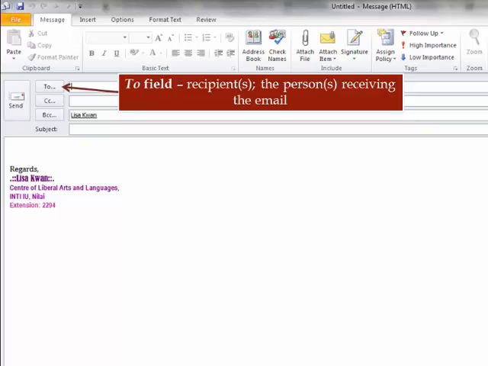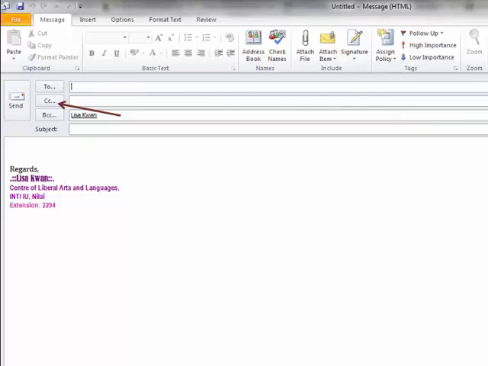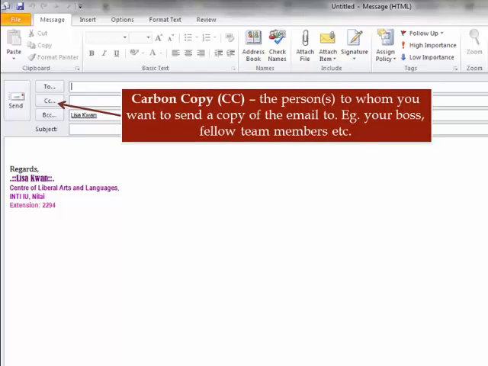Very good. Now, the more challenging one. What do you think CC is? Anyone knows what CC actually stands for? Yeah, CC actually stands for carbon copy, which means the persons whose email you write into this field will be the people you want to send a copy of the email to, but you're not really talking to.